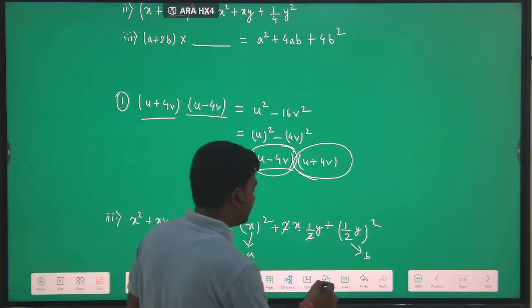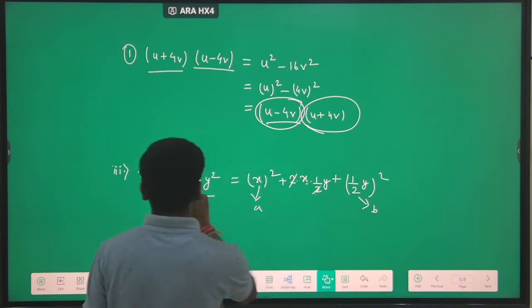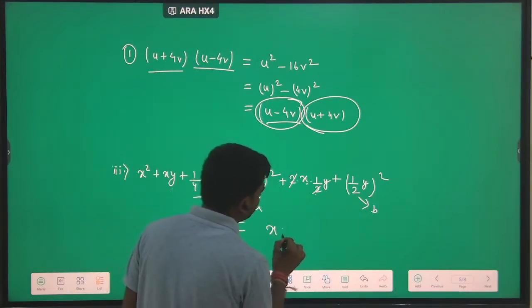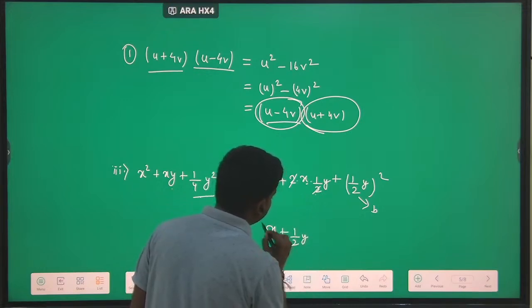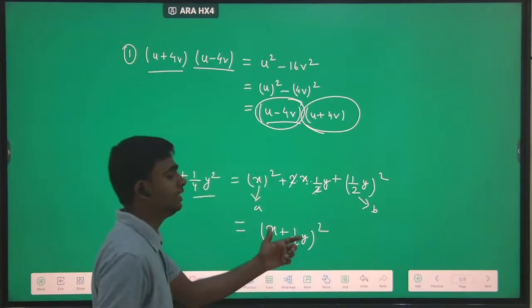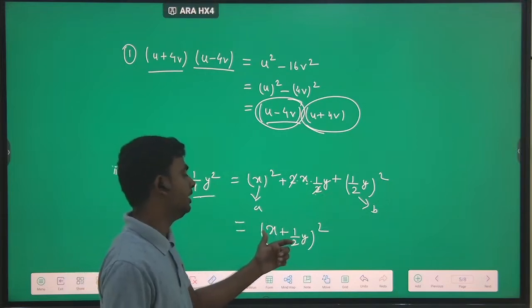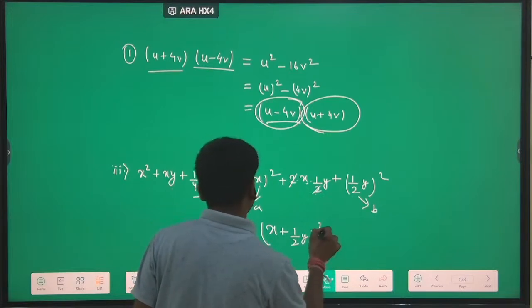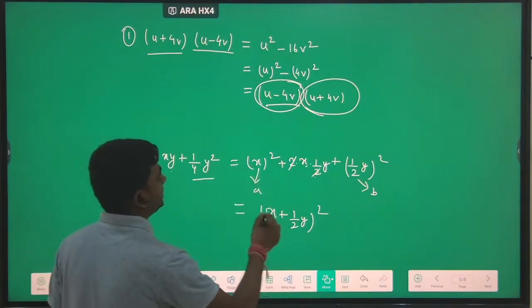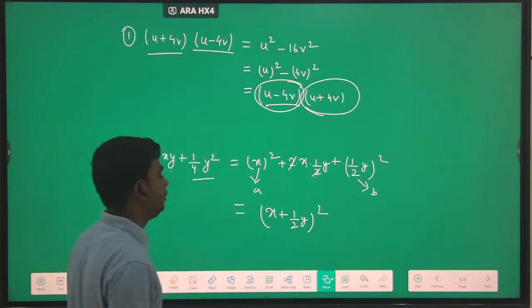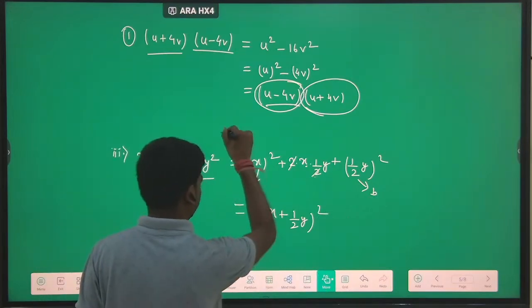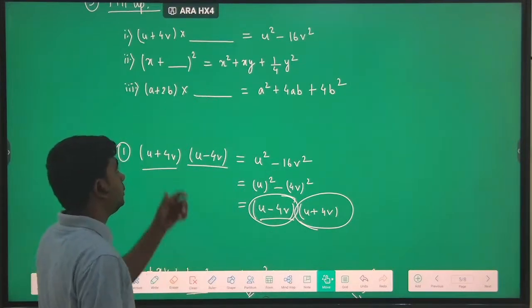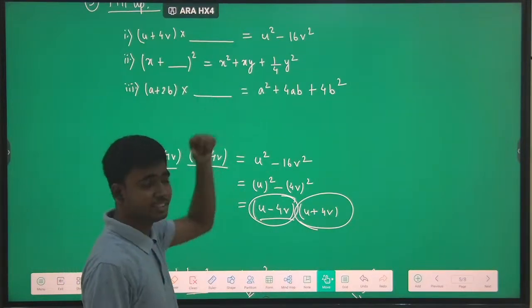So we can say that this algebraic expression is actually (x plus 1 by 2y) to the power 2, that means x plus half y the whole square. In the question, it was given what we are going to add with x to the power 2 so that we get this value.